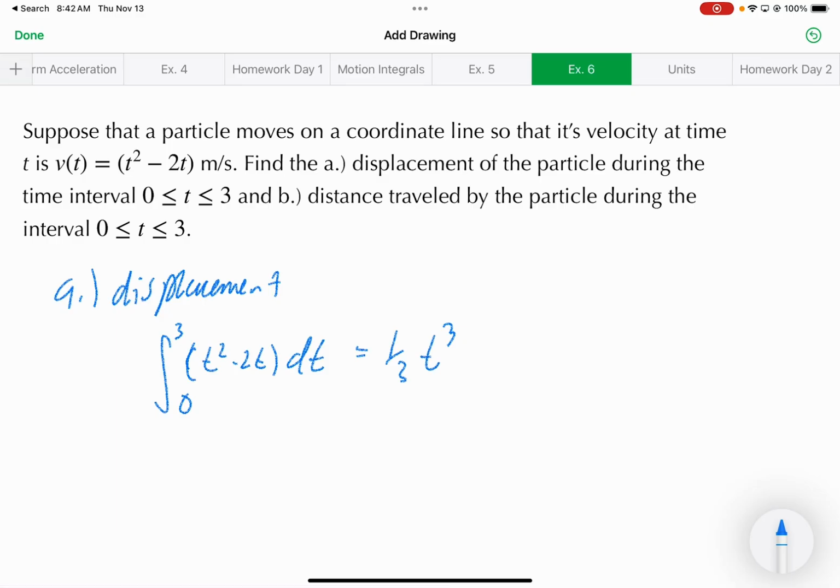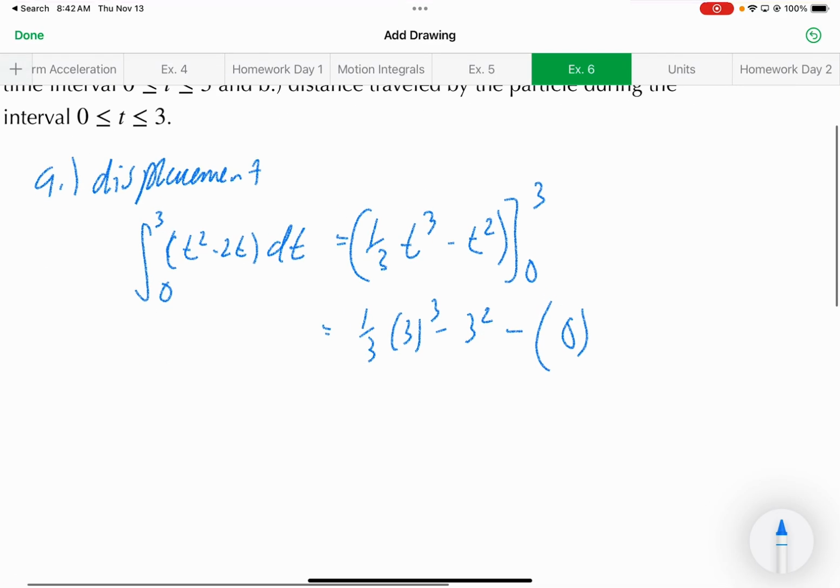So 1/3 t cubed minus t squared evaluated from 0 to 3. So what do we end up with when we evaluate that? 9 minus 9 giving me 0. Okay.